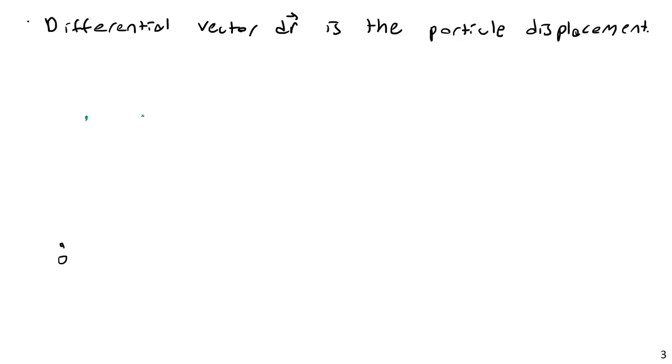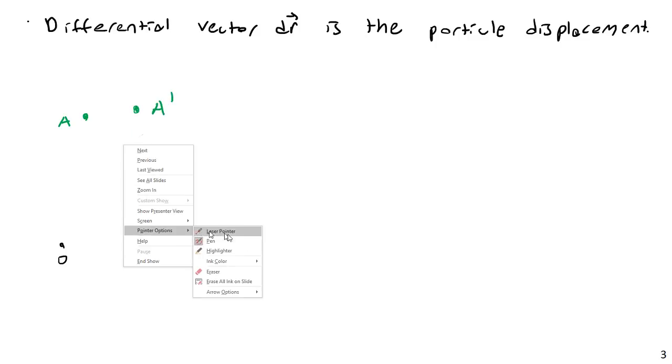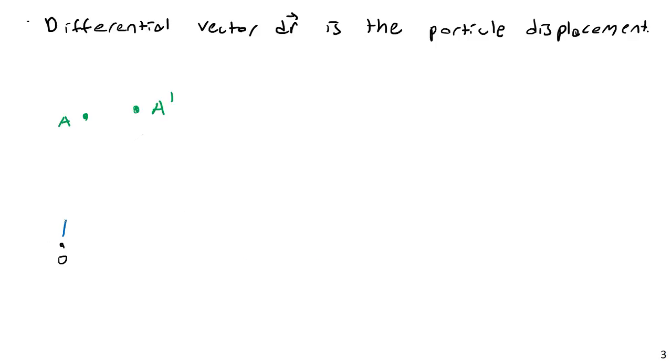I'll show it going in a straight line because we're looking at a tiny little differential element. So on this little piece of its path, we can consider it a straight line. This is going to be point A, and this will be point A prime. Initial and final. Then we will have an initial vector from the origin of r, and a final vector from the origin.